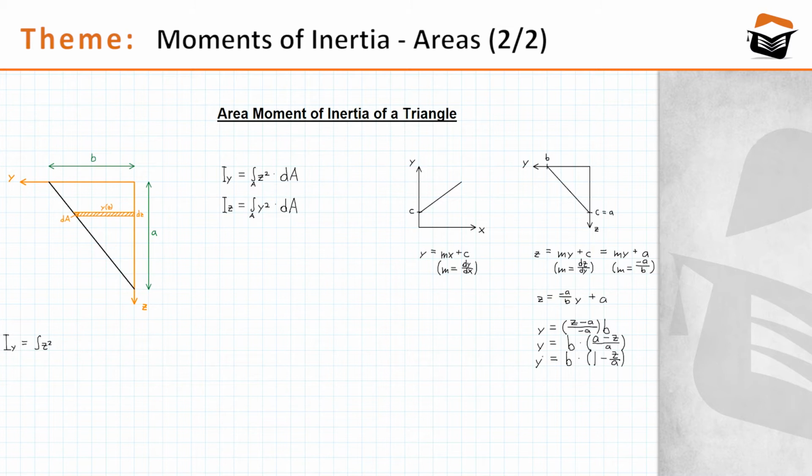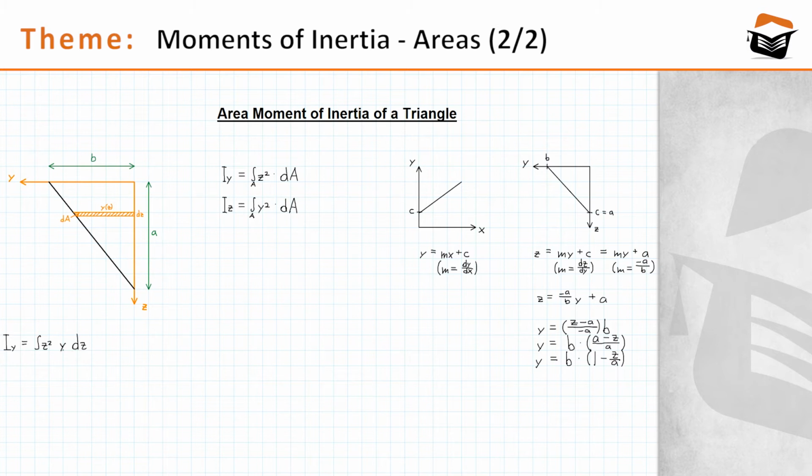And why do we need to come up with this expression? Because the area element dA is the product of y, the width of the area element, which depends on z, times dz.